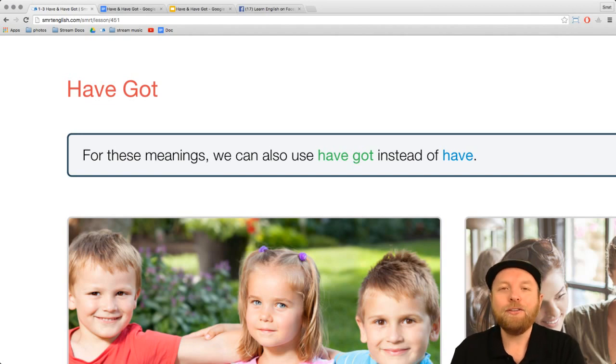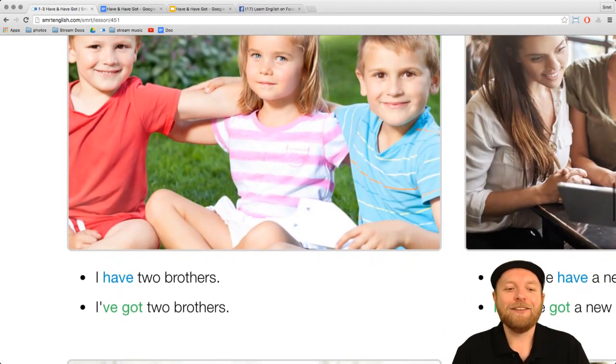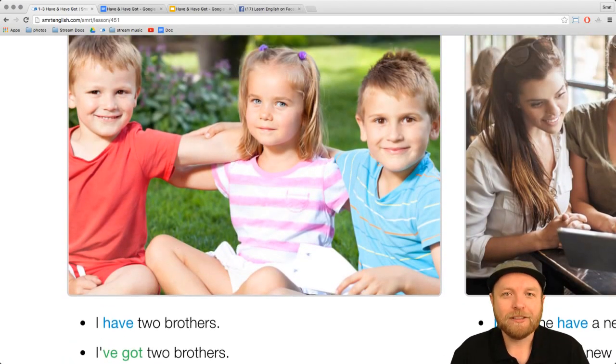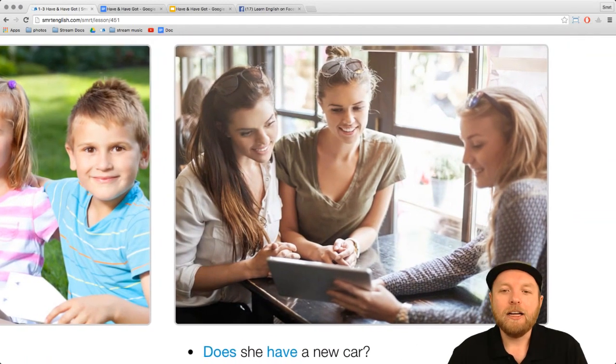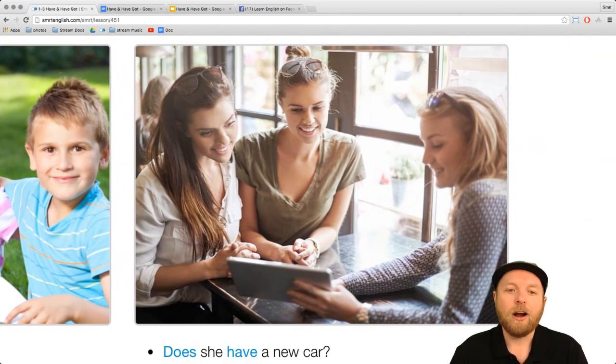You can say have, or you can say have got. It's your choice. So let's look at an example. I have two brothers. Relationships, right? You can say I have got two brothers. Now, does she have a new car?